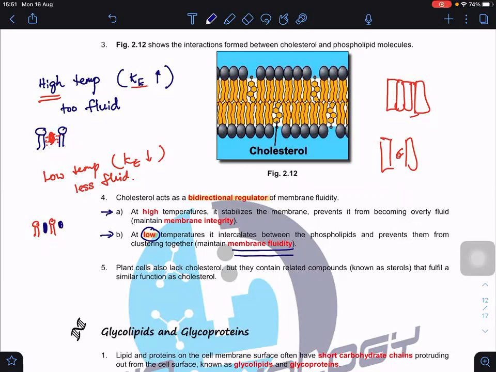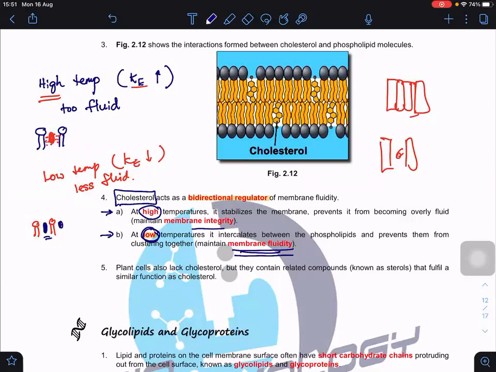When you talk about the cholesterol role, temperature is very important, because if you didn't tell me the temperature, then I do not know whether you understand the concept or not. Cholesterol only regulates or maintains the membrane fluidity when the temperature is low, but it maintains the membrane integrity when the temperature is high.